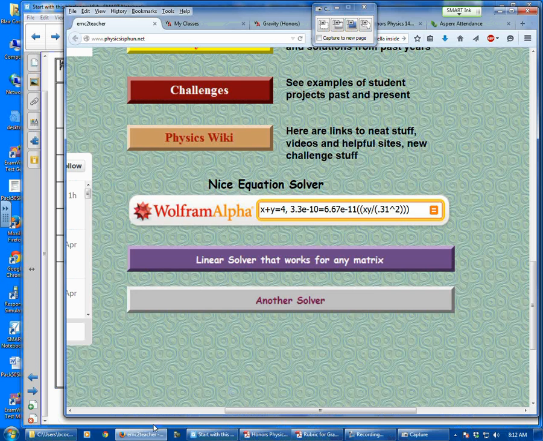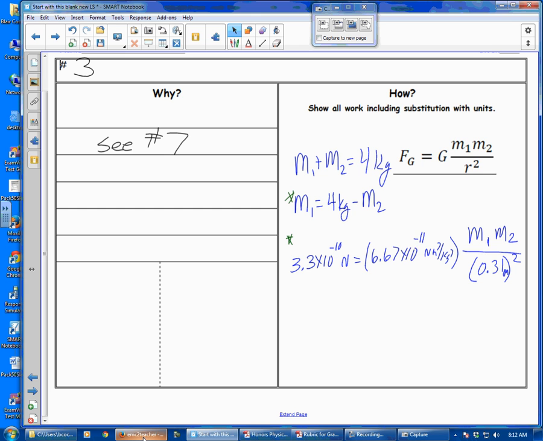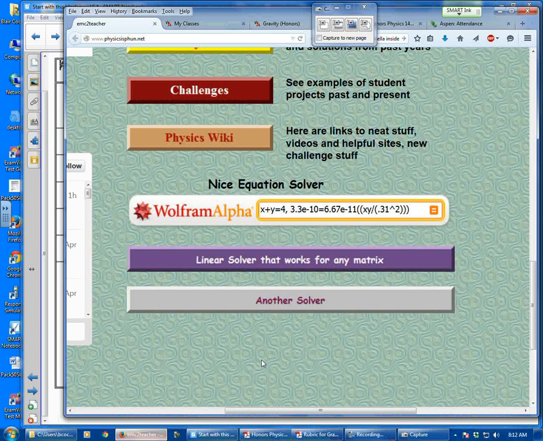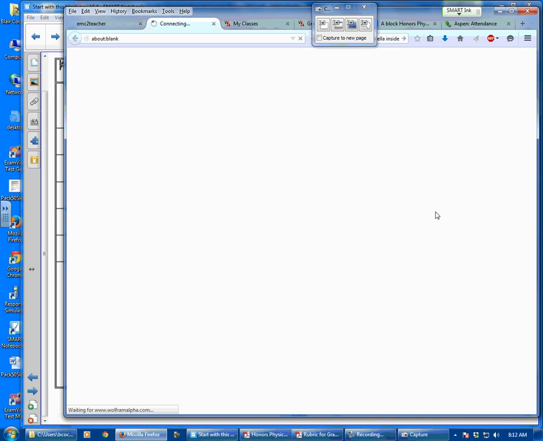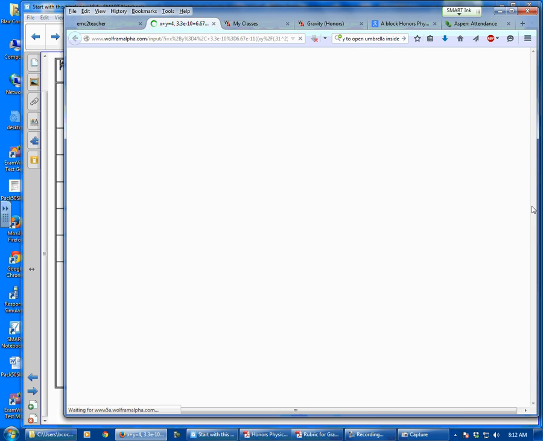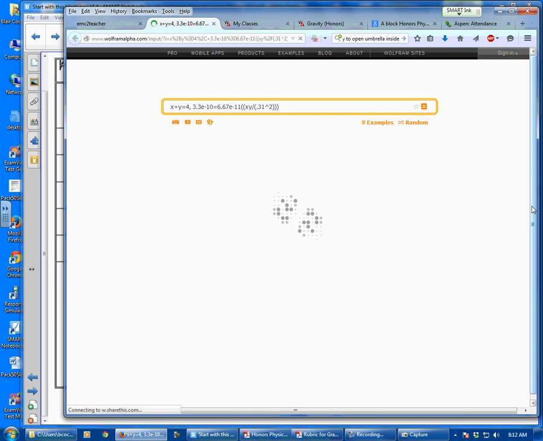I think that's right. I'm just going to keep double checking here. And when I hit equals, hopefully it chugs away for a second and then comes up.